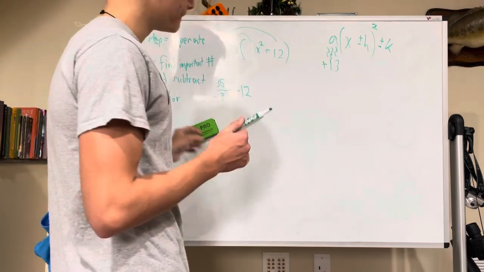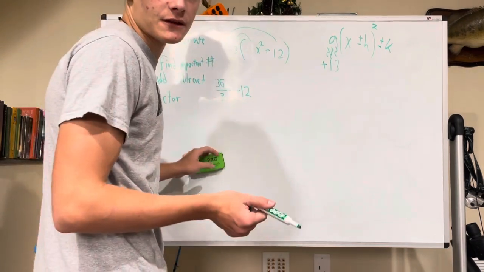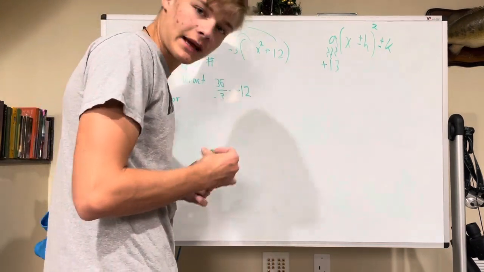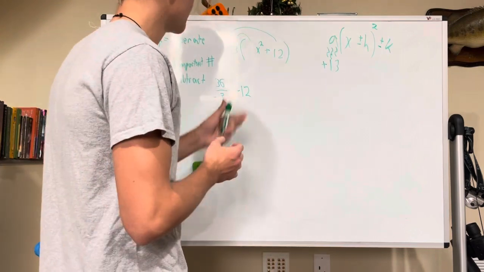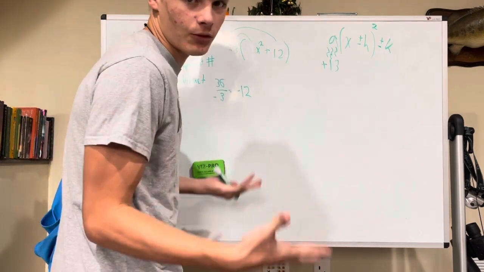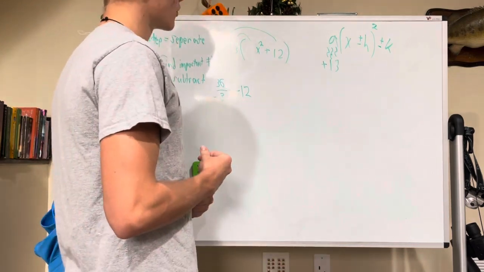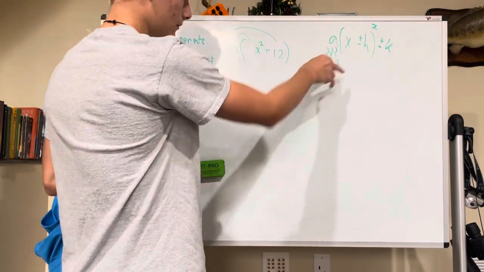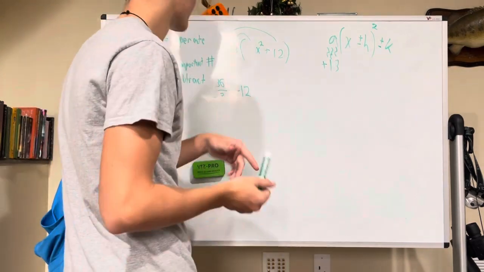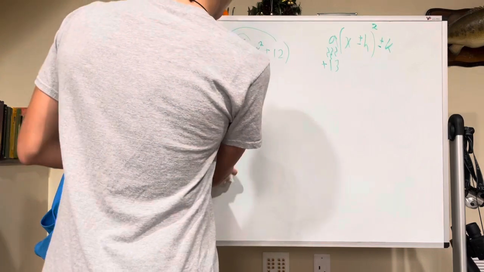And then again, this is the only difference compared to the last problem, except this time you have a -3 on the outside that you just don't have to worry about. And plus 13, stinky over there. Don't worry about him.